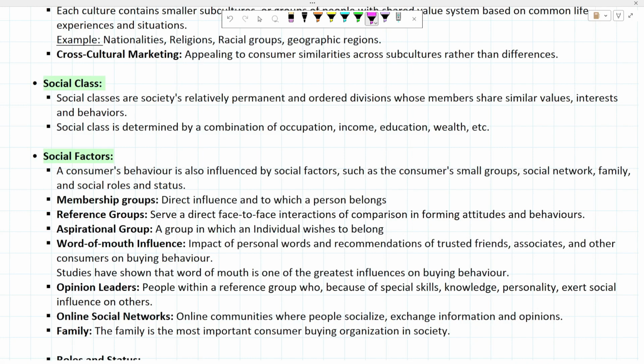Word of mouth influence. This is the impact of personal words and recommendations of trusted friends, associates, and other consumers on buying behaviors. Studies have shown that word of mouth is one of the greatest influences on buying behavior because we trust our friends, we trust our associates, and we trust the people that we've known for a longer time, instead of just some ad that we see once or twice.